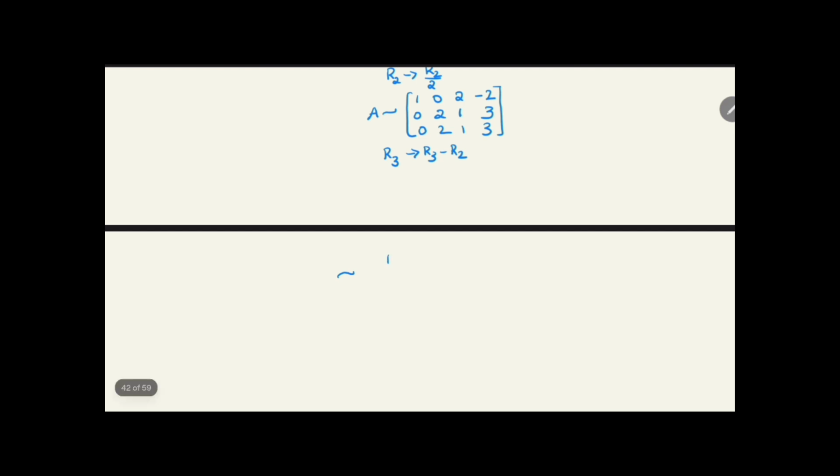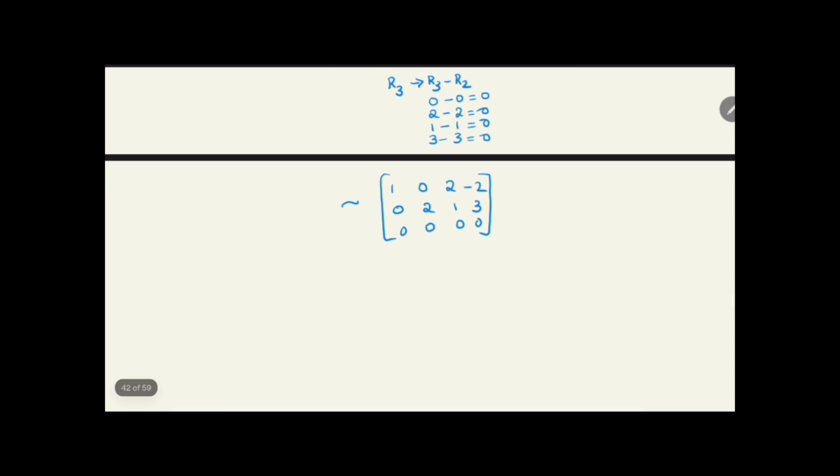R2 and R1 remain the same. 1 0 2 minus 2, 0 2 1 3. R3 minus R2: 0 minus 0 is 0, 2 minus 2 is 0, 1 minus 1 is 0, and the last one is 3 minus 3, 0. So 0 0 0 0. Is that clear, students?